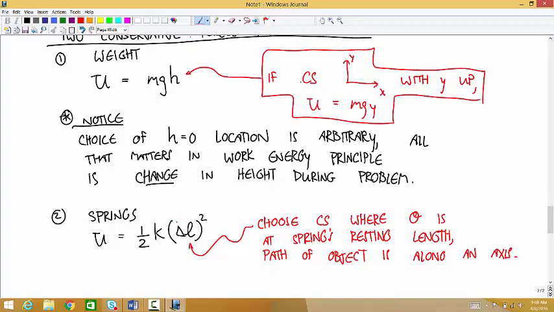So if you choose the origin to be where the spring's at its resting length, and say the object is moving along the x-axis, then delta L can just be replaced in that problem by x, and it makes calculations easy. Okay, we'll see how to do that.